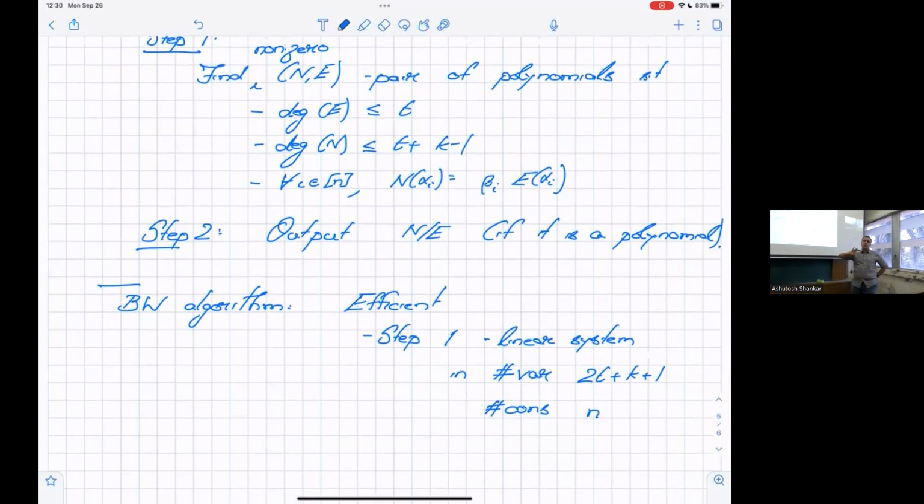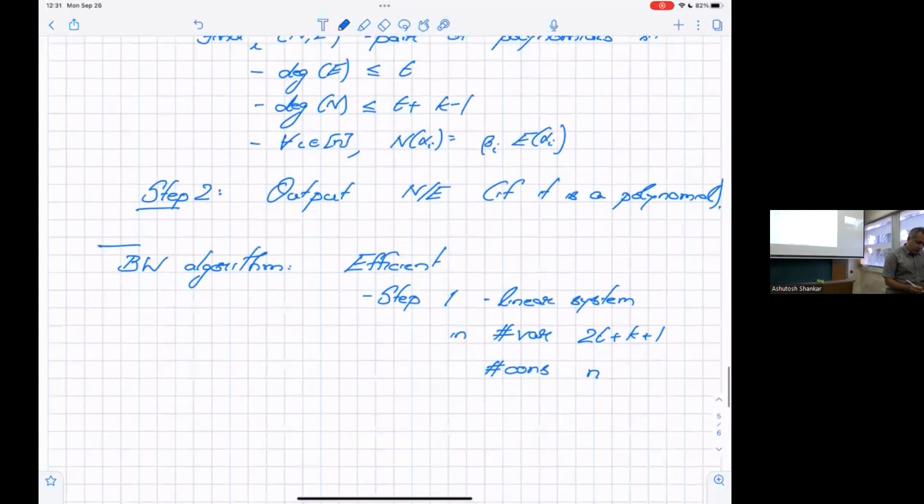Therefore, it might be an over constrained system. It always has the solution 0, and it might be the case that 0 is the only solution because it's over constrained. But by assumption, E hat and N hat is a solution, so there will always be a non-zero one. If there is a close enough code word, there will be a non-zero solution. That's one way we will do it.